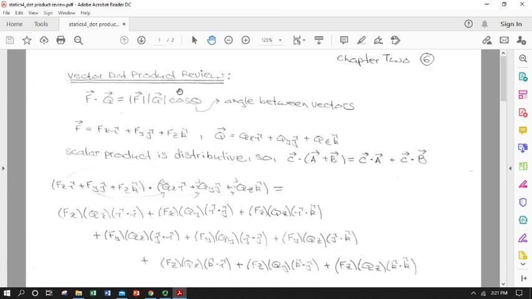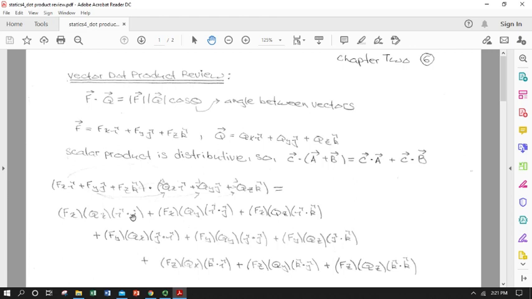Well, what if we used our straight up geometric definition to evaluate I hat dot I hat? Well, I'd start by saying, okay, I'm going to have the magnitude of I hat times the magnitude of I hat. Well, they're both 1. So I have 1 times 1. Okay, that part's done. And then I'm going to multiply by the cosine of the angle between. Well, they're both pointed in the x direction, so they're parallel.